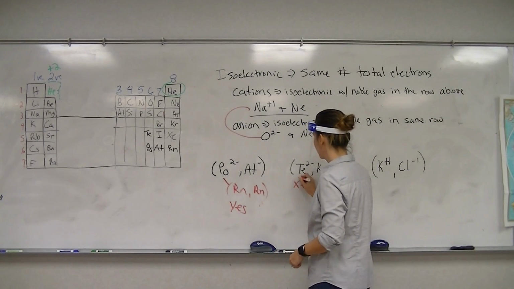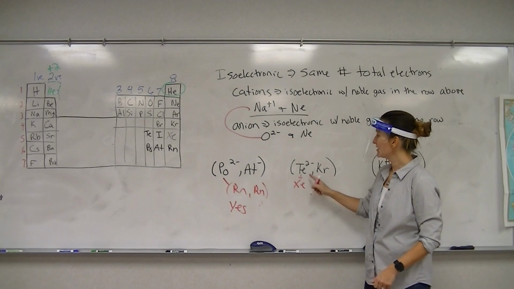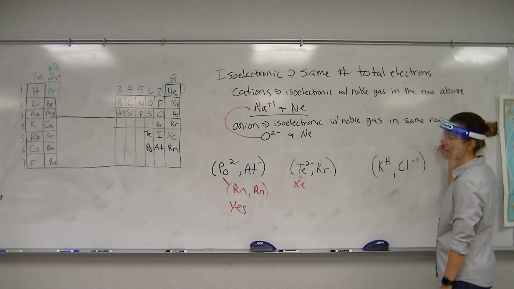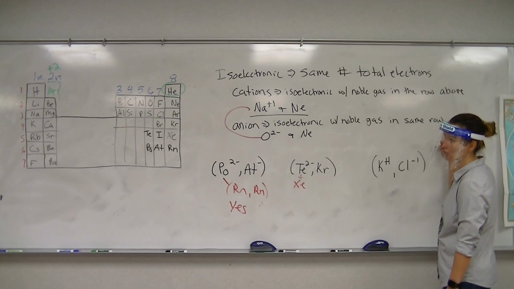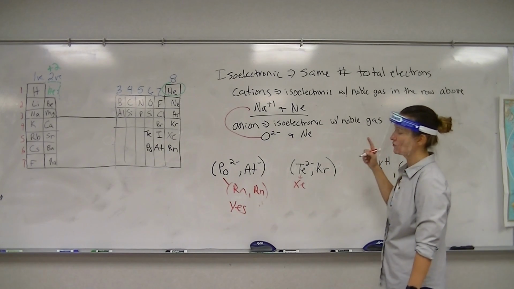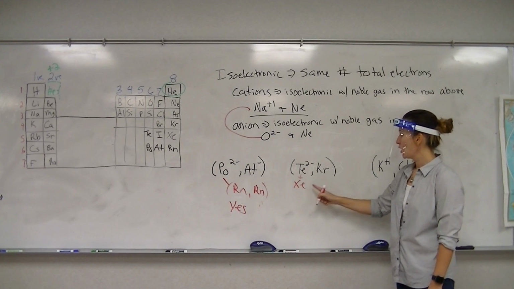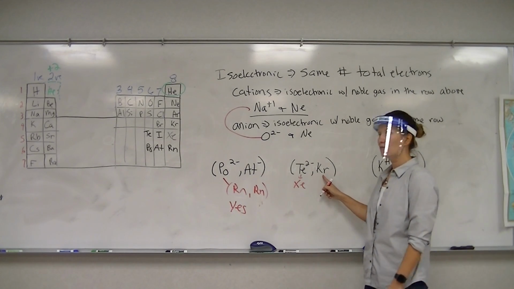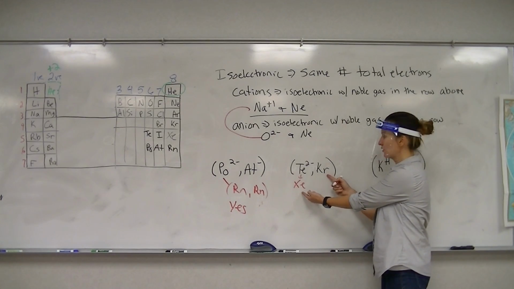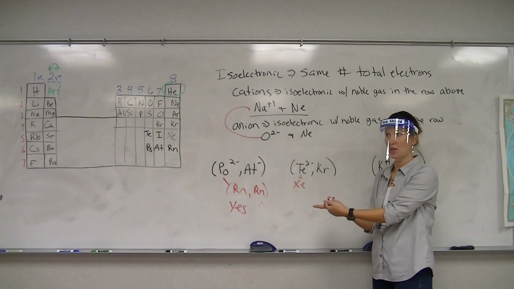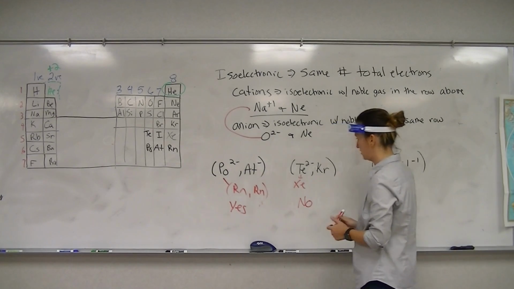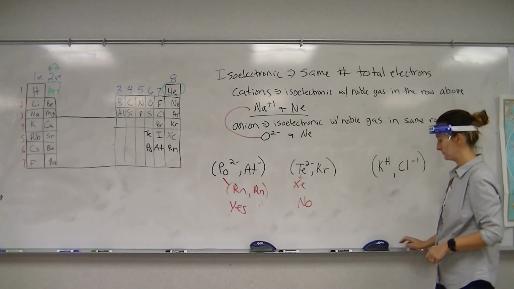So xenon is its noble gas. Because it's an anion, it's going to be isoelectronic with the noble gas in the same row. So we're looking at the noble gas in row 5. The noble gas in row 5 is Xe. Which row is krypton in? 4. So do they match? No, so they're not isoelectronic with each other. It would be no, not isoelectronic.